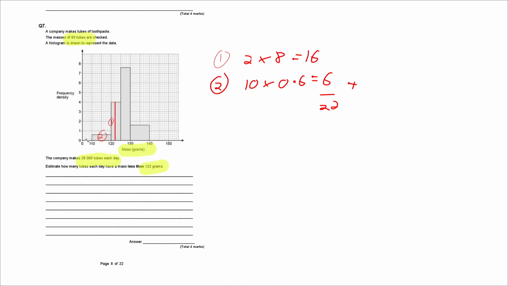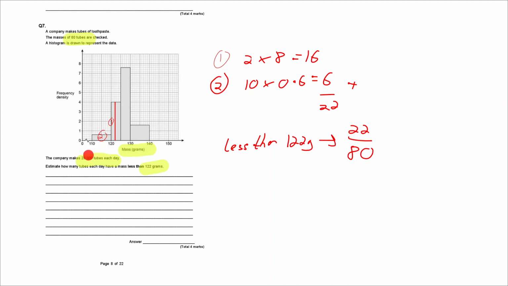Now, as a fraction, 22 of them are less than 122 out of 80. So this is the fraction of tubes that are less than 122 grams.